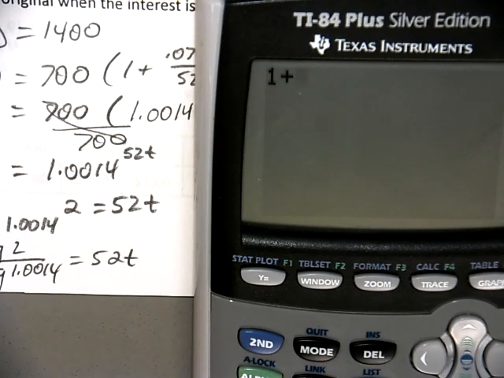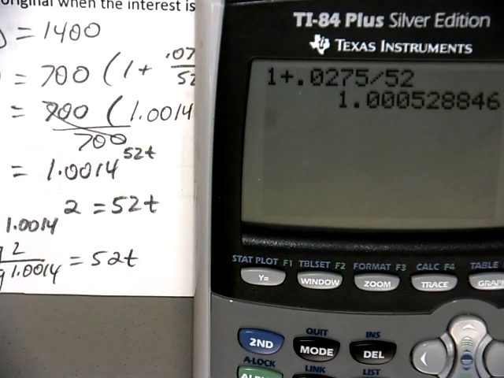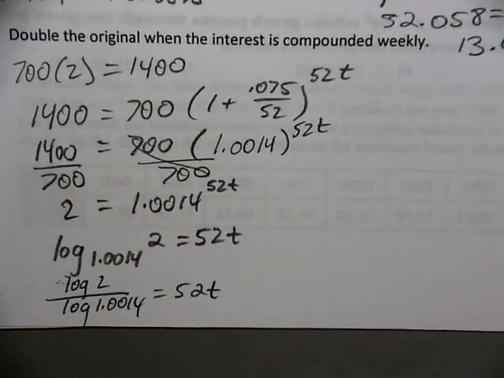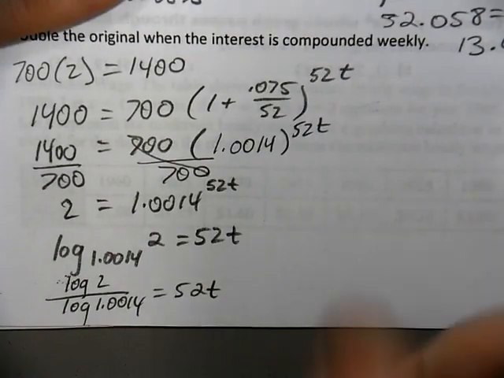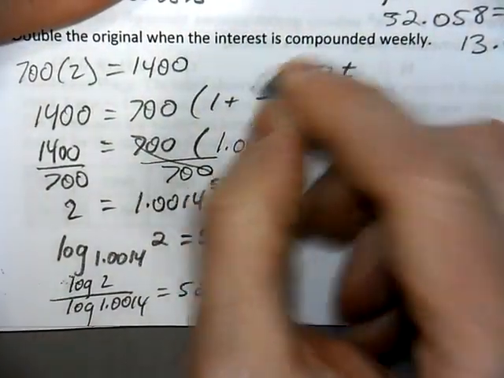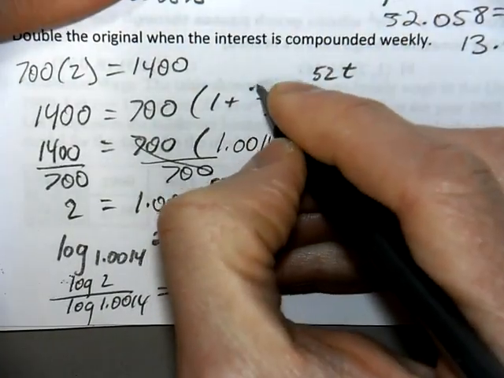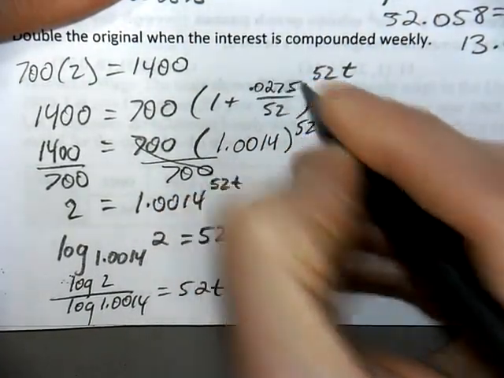1 plus our interest rate, which was 0.0275, divided by 52. Oh, let's take a look. What happened? This should have been, it doesn't look like I hit that right, 0.0275.